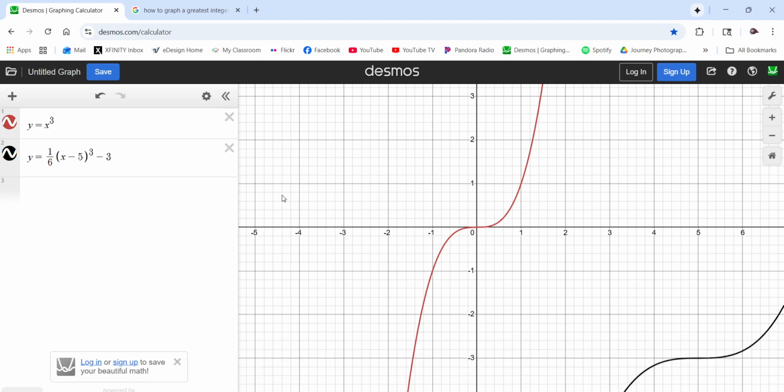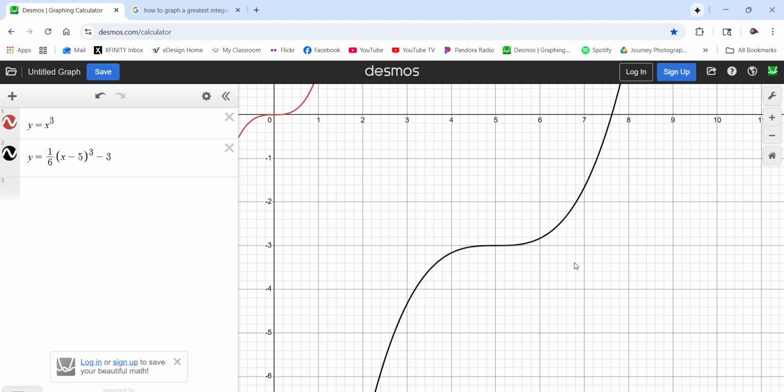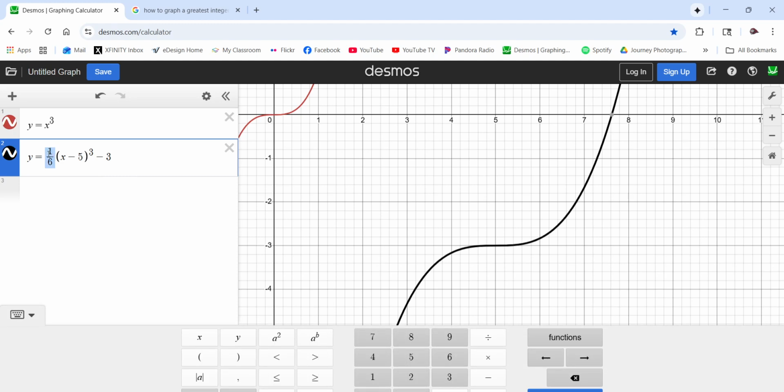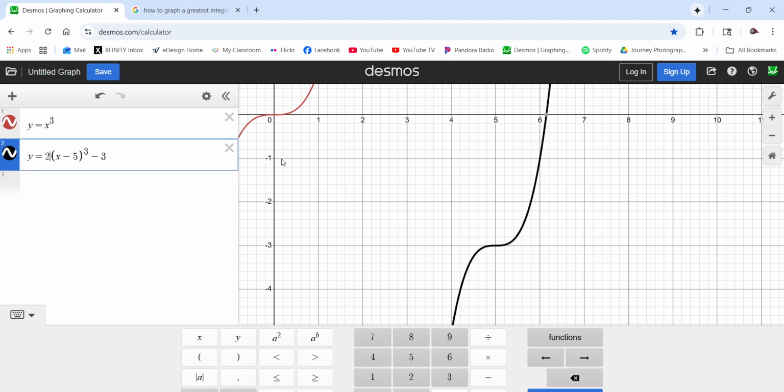All right, and there it is, right there. There's the origin, right? That's where it starts, goes here, and it goes down here. We moved it to the right 5, we moved it down 3, and we made it wider, 6 times wider, basically, okay? If you didn't want it wider, you wanted it skinnier, what would you do? Put a 2 in there, and it makes it skinnier than the original.